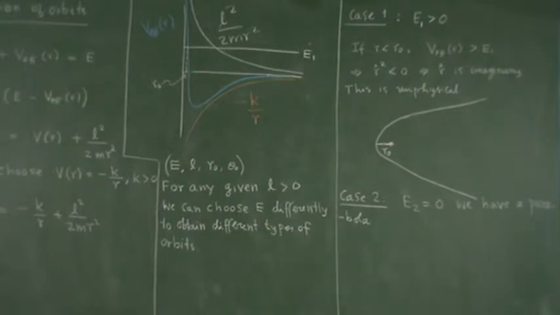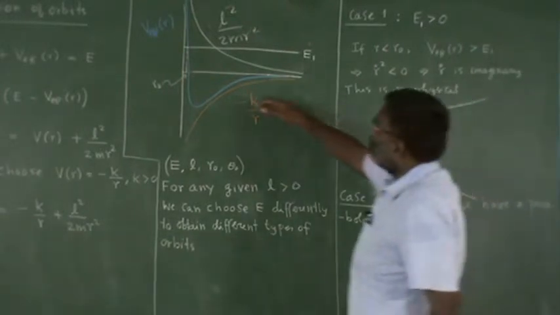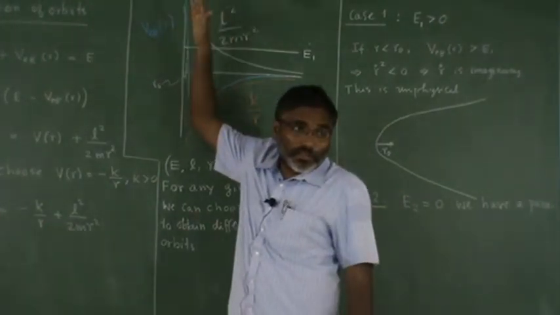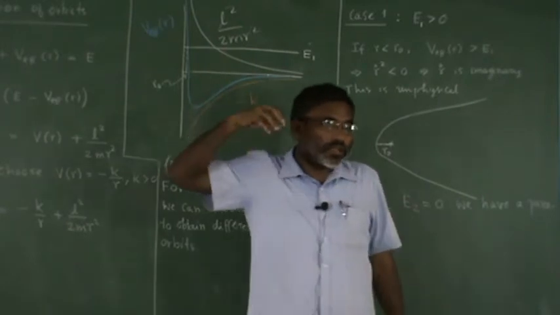Yeah, because it has angular momentum, right? If there is no angular momentum, it will come and fall into the center. But because it has angular momentum, it cannot come close. That is this value. This side of the force is because of the centrifugal term, so it will not allow that.